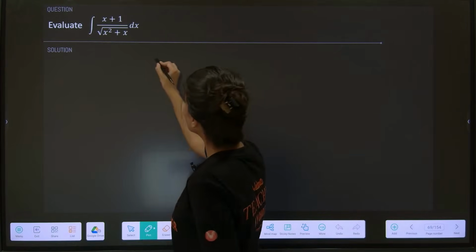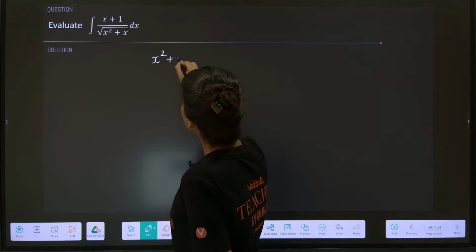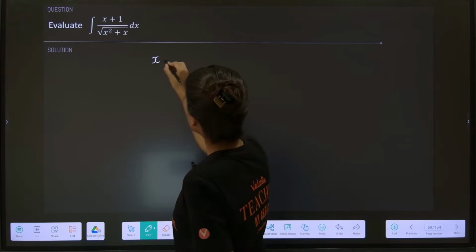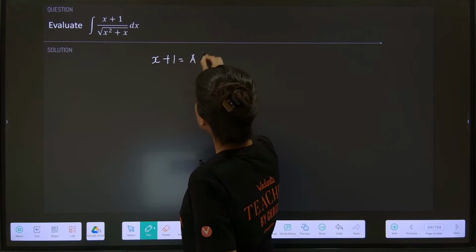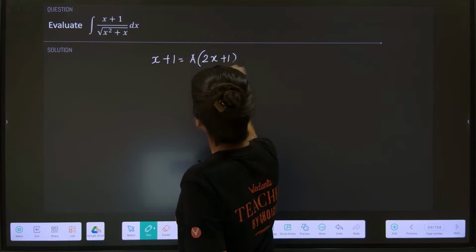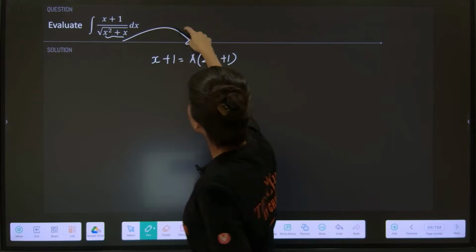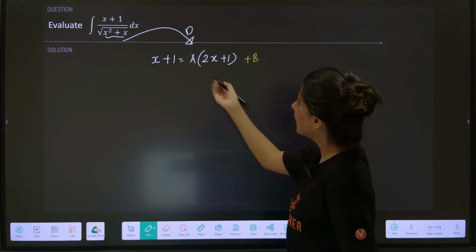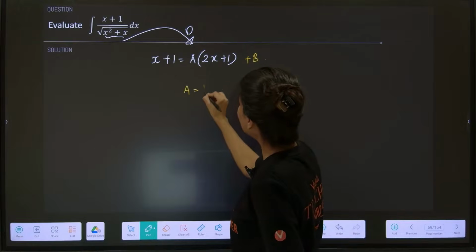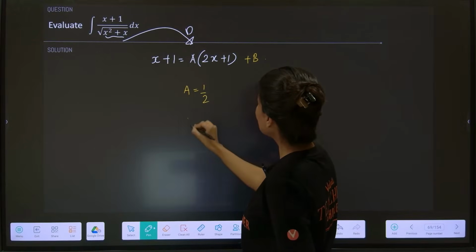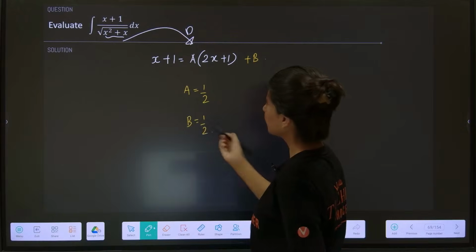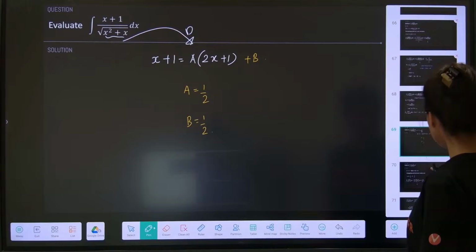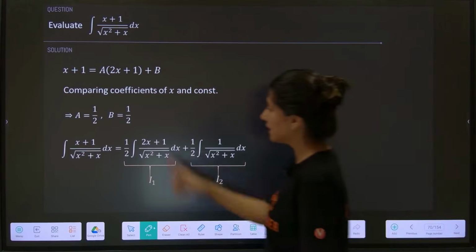Homework, so yes, again, x square plus x. Sorry, x plus 1 will be a times (2x plus 1), the derivative, plus b. Now just compare. So clearly a will be half, and b is also half.